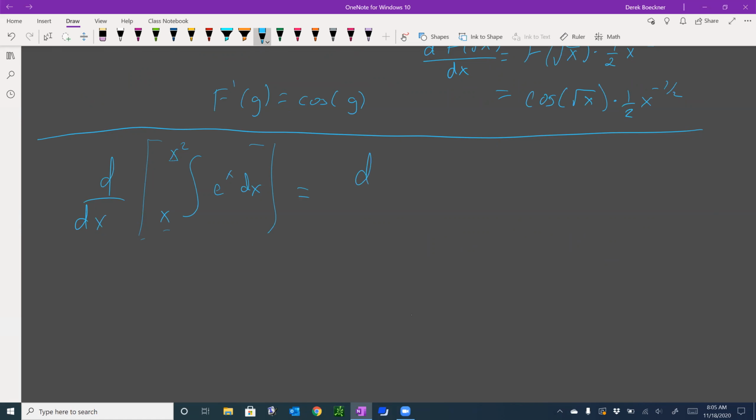So we're going to rewrite this using some of our rules as d/dx. This is going to be the integral from 0 to x squared, e to the x dx, minus the integral from 0 to x, e to the x dx.